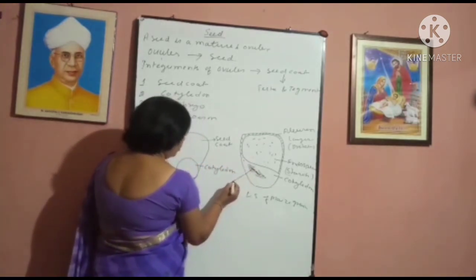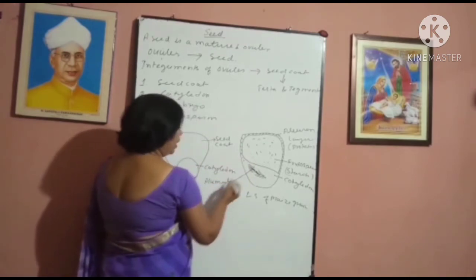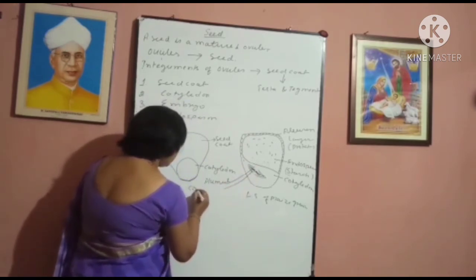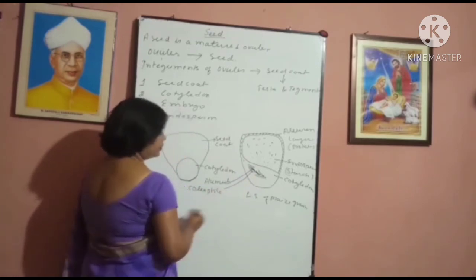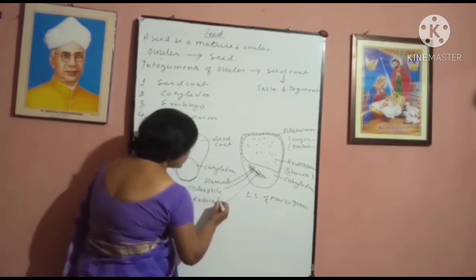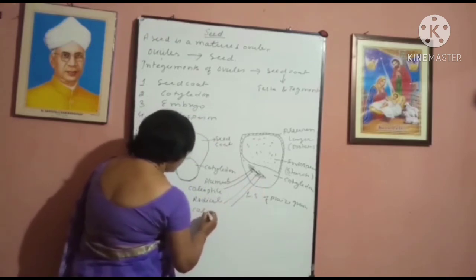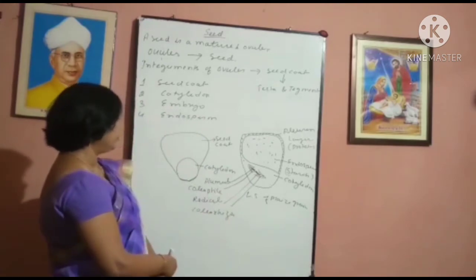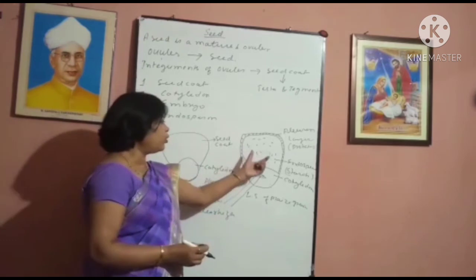The upper part is called the plumule, and the cover of the plumule is called coleoptile. This is radicle, and the cover of the radicle is called coleorhiza. So in the bean seed, endosperm is absent, but in the maize seed, endosperm is present.